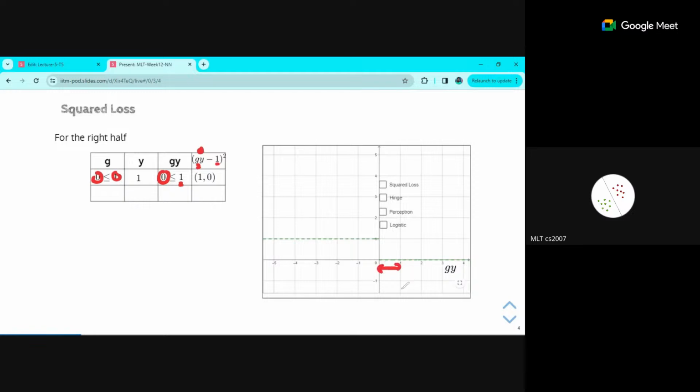Note that even if my prediction is correct, my loss value is 0 only if W transpose X is exactly 1. If it is less than 1, there will still be some loss value. This is very important, because a loss of 0.5 doesn't mean that my model is bad. Loss 0 is the ideal case.